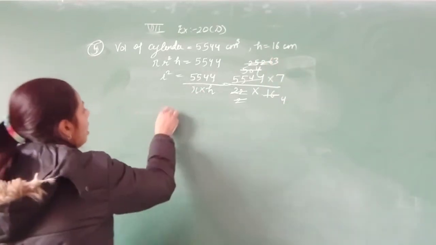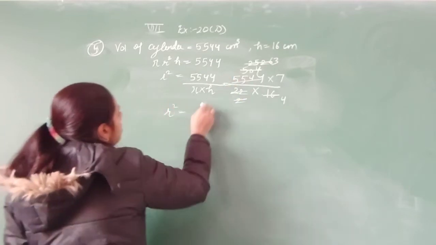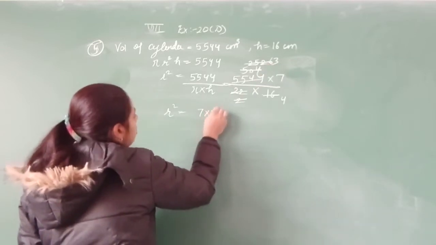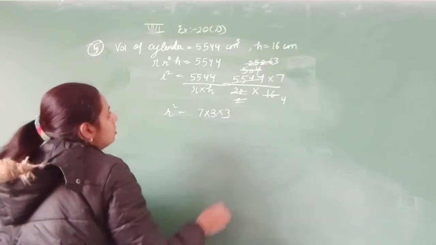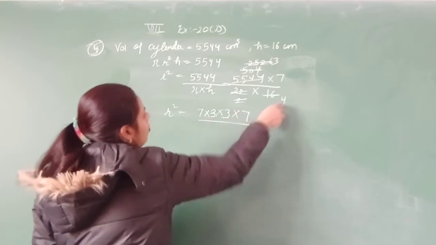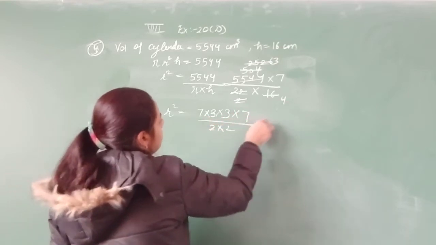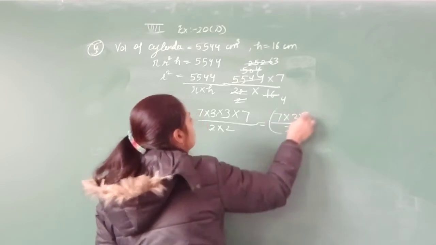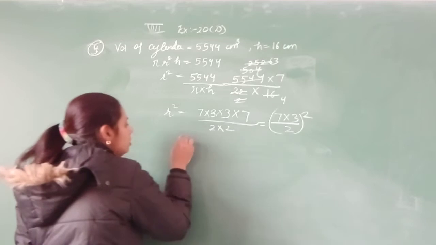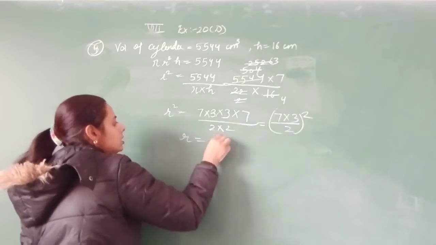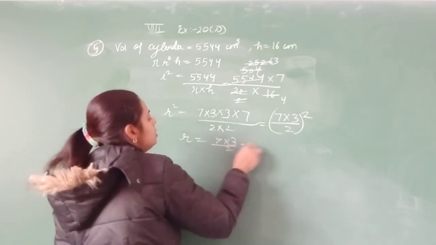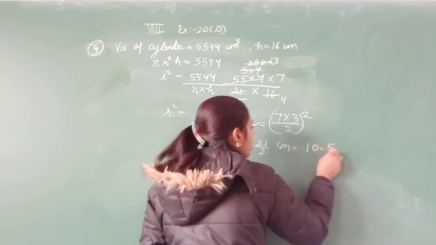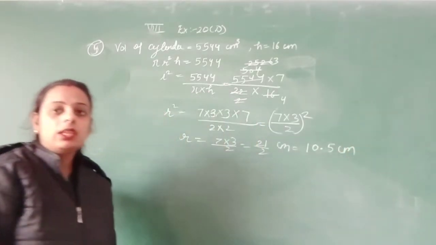So you are having the r square 63 into 7, 16 into 7 into 3 into 3 into 7, and 4 will be 2 into 2. As you can say, this is the 7 square, 3 square by 2 square. So whole square. On comparing with this square, you will get the value of r is 7 into 3 by 2. It is 21 by 2 centimeter, 10.5 centimeter. So you get the value of r here.